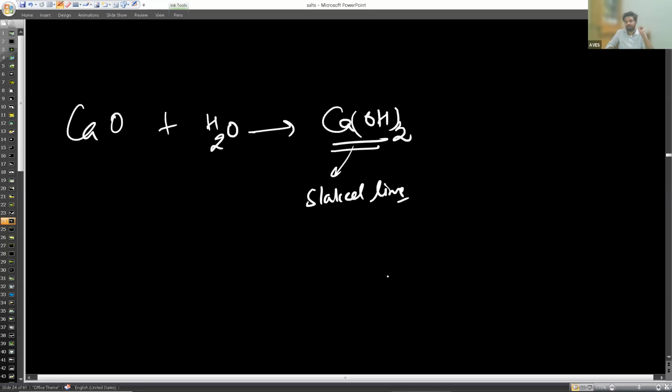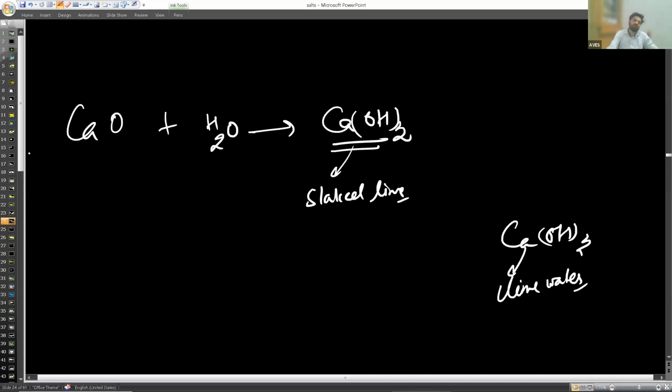Same thing happens here. The dense creamy layer that forms is called slaked lime, which is thick and cream-like, and the water-like part has the same formula. It is a dilute solution, but it is called lime water. Both have the same formula.